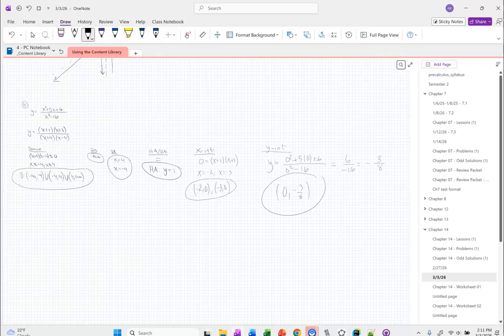So there we have the point (0, 3/8). Again, remember, x and y intercepts are points. They're ordered pairs. They're not x equals or y equals. I don't want to confuse it with a vertical asymptote or horizontal asymptote. I need to make sure I'm writing it as an ordered pair.